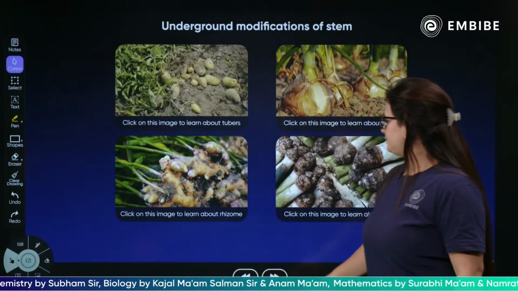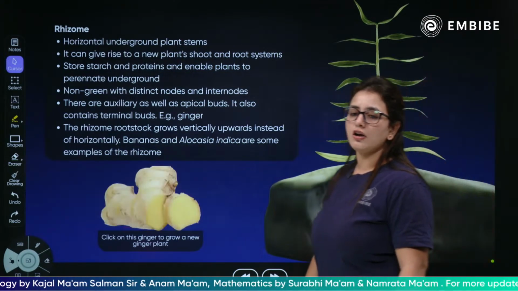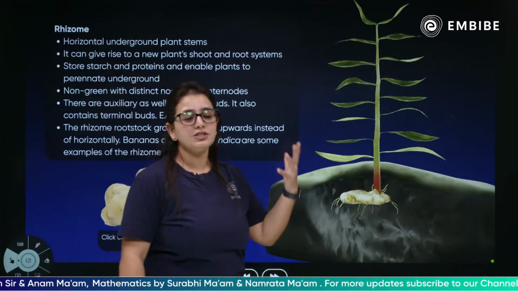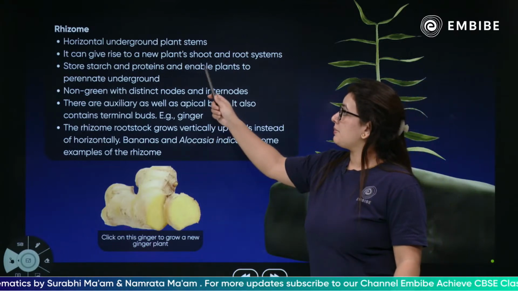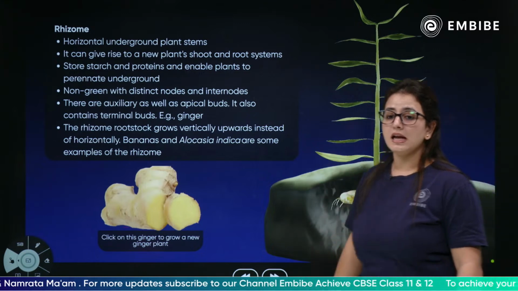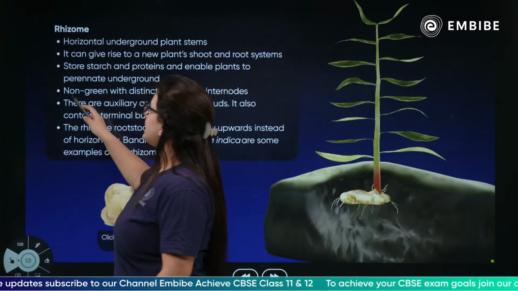Next we have the rhizome. Simple. Ginger, all of you have seen ginger. Again, ginger is not a root, ginger is a stem. Ginger is a horizontally growing underground stem, which gives rise to a new plant shoot system and stores starch and proteins, enabling plants to perennate underground.